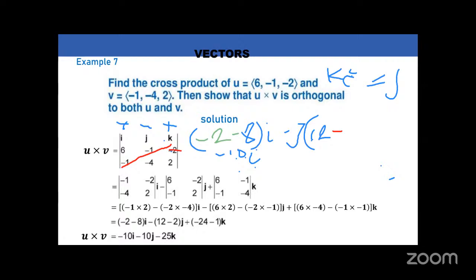That will give me 2. So 12 minus 2 is 10. So this will be minus 10J as well.